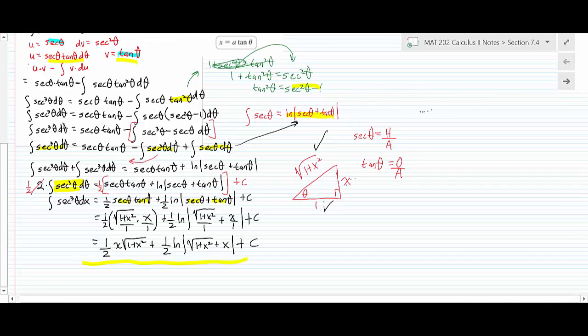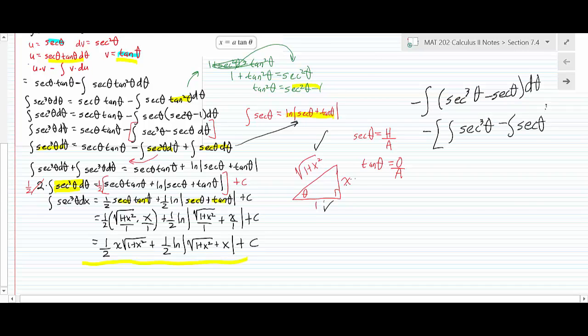If you're looking at minus the integral of secant cubed theta minus secant theta, I didn't show the step, but this is technically what you're doing. I'm breaking this up into the integral of secant cubed theta minus the integral of secant theta. Now, what happens to the negative?